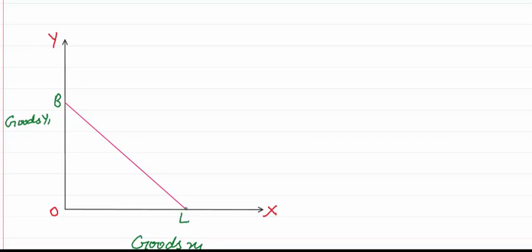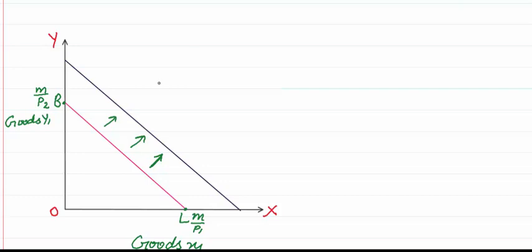In this case, we can say that the intercept at point L will be M by P1 and the intercept at point B will be M by P2. Now the budget line will shift rightward parallelly. Let's see how. Here the budget line of the consumer has changed from BL to B1 L1.